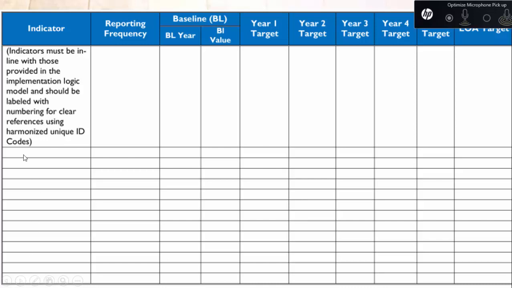So for each indicator, you'll be looking at the values for each year. Let's say it's percentage of income earned. And in the start year, maybe the income earned was $100. So you have your target that maybe in year one, you should earn $120 and so on and so forth.